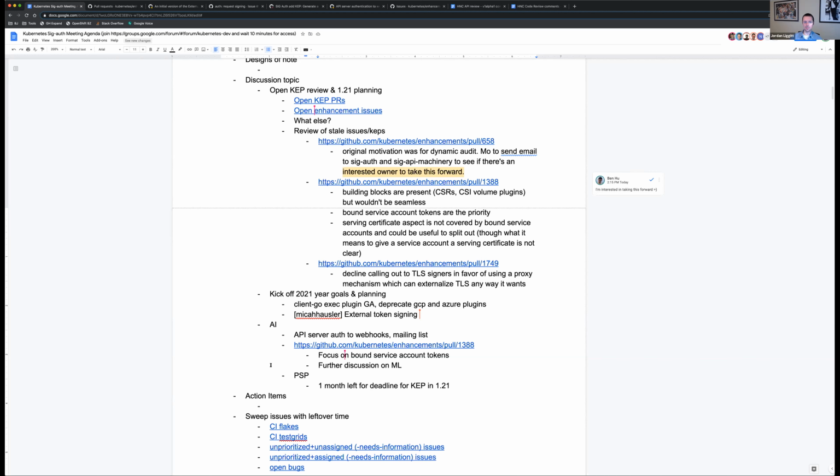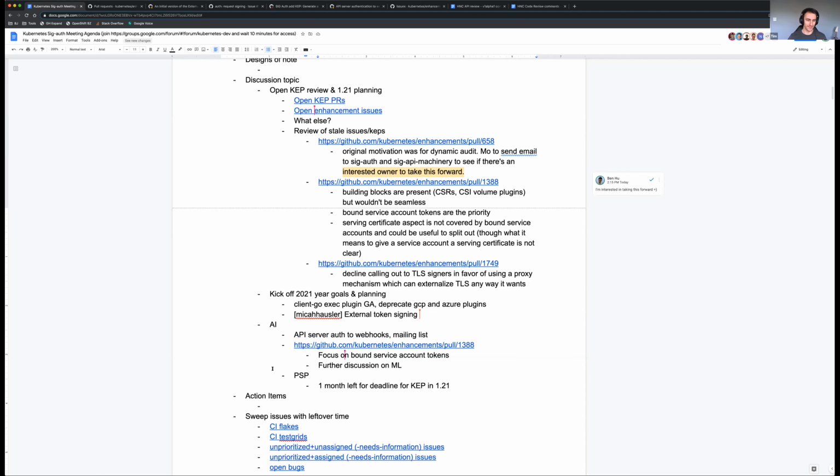So even the plan would be reviewed and accepted by the time 1.21 is released, and we would intend to start implementing that in 1.22. Okay. Basically what you said, Mo, but 4 months instead of 1 month.